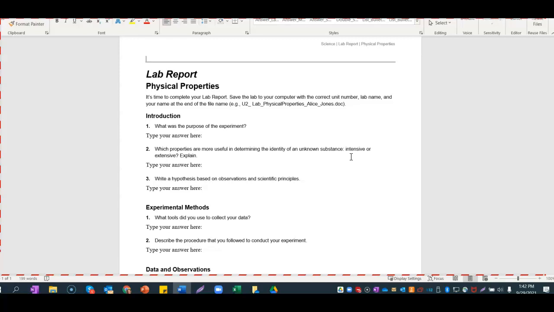And the other thing is we're looking here to create our hypothesis. So our hypothesis is going to be something along the lines of an if-then statement. So remember, in your hypothesis, you're making a guess or a statement on what you think is going to happen based on your testing.